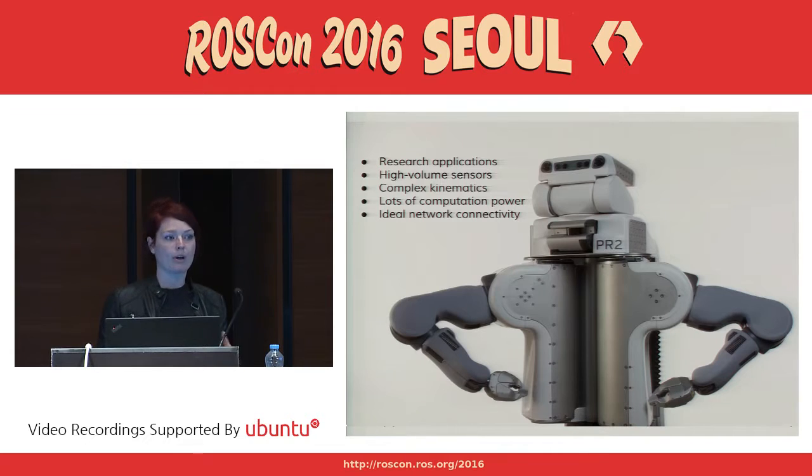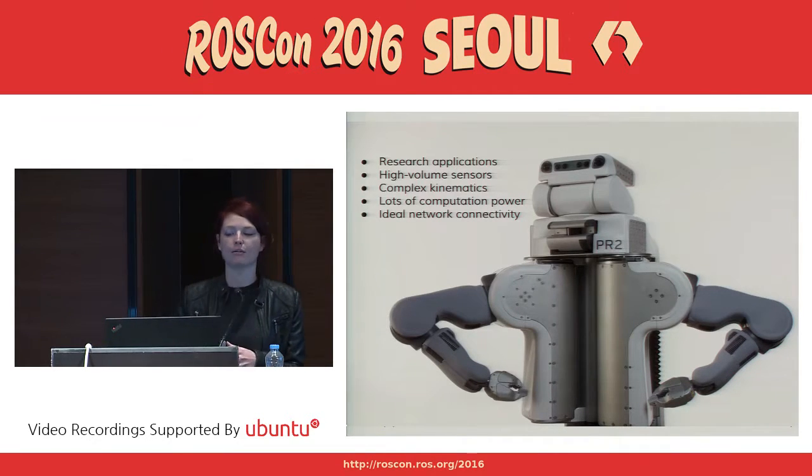The PR2 on board has 2 high-speed computers connected with a near ideal network connection. And as it was the first robot using ROS, most of the tools that were developed early on have this system in mind, with this set of characteristics.